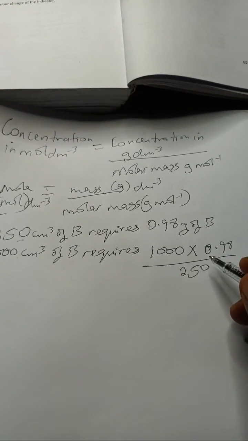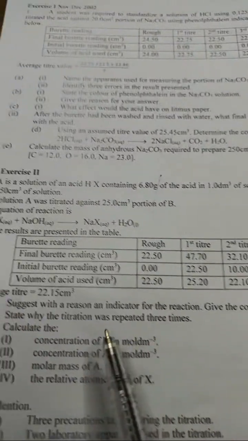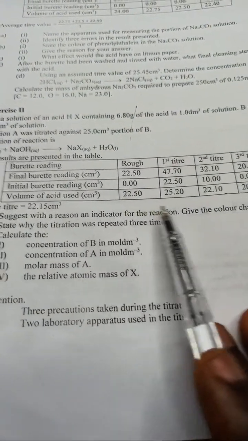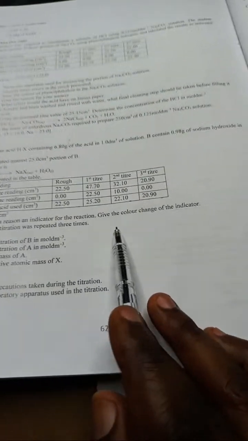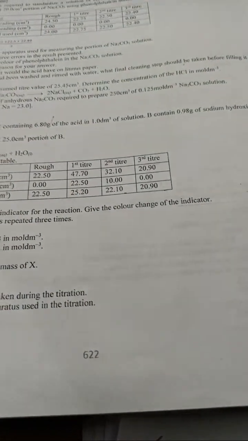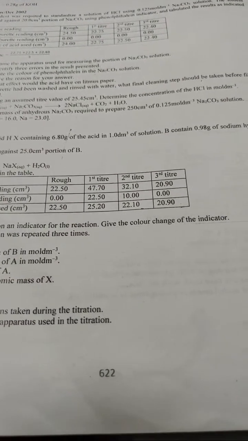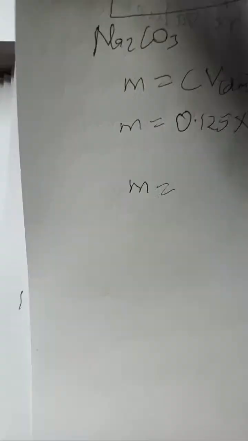Somebody is asking about the color. Oh, yeah. I'm sorry, please, let's go back there. Suggest with a reason an indicator for the reaction. We have said that. And so give the color change of the indicator. Okay, now, I have to say that before I go on. The indicator, let's take for example, methyl orange. Let's go there.